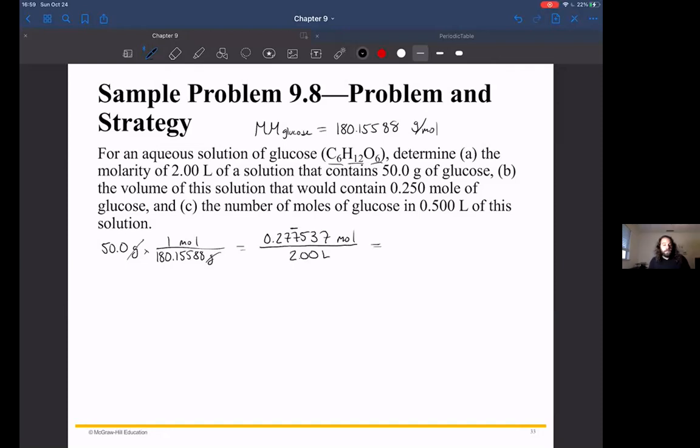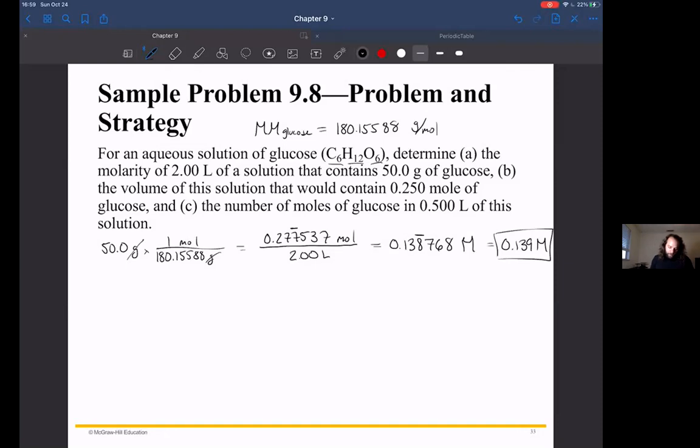And so my solution concentration will be 0.138768 moles per liter, or molarity. I should have 3 sig figs, so 0.139 molar. That's my final answer for part A.